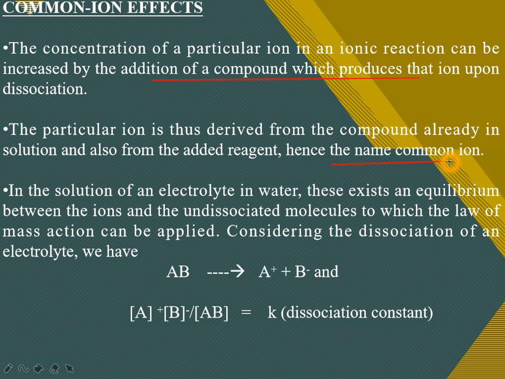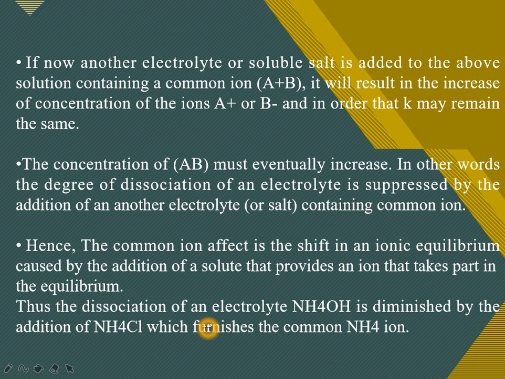We can explain the common ion effect by considering the dissociation of an electrolyte, AB equilibrates with A plus and B minus. According to the law of mass action, the dissociation constant K is equal to the concentration of A plus times the concentration of B minus divided by the concentration of AB. Into this solution, another electrolyte or salt having a common ion, A plus or B minus, is added.